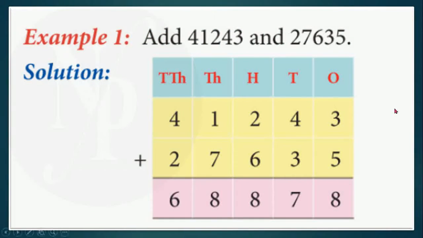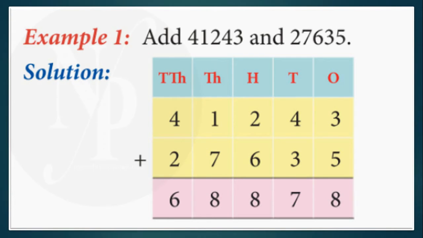Example number 1. Add 41,243 and 27,635. So we need to add these numbers. The solution is also given in our book.